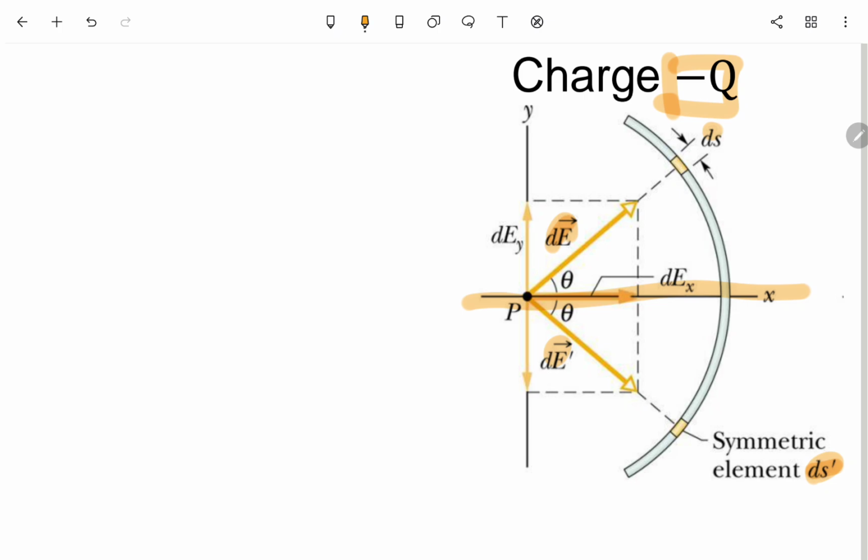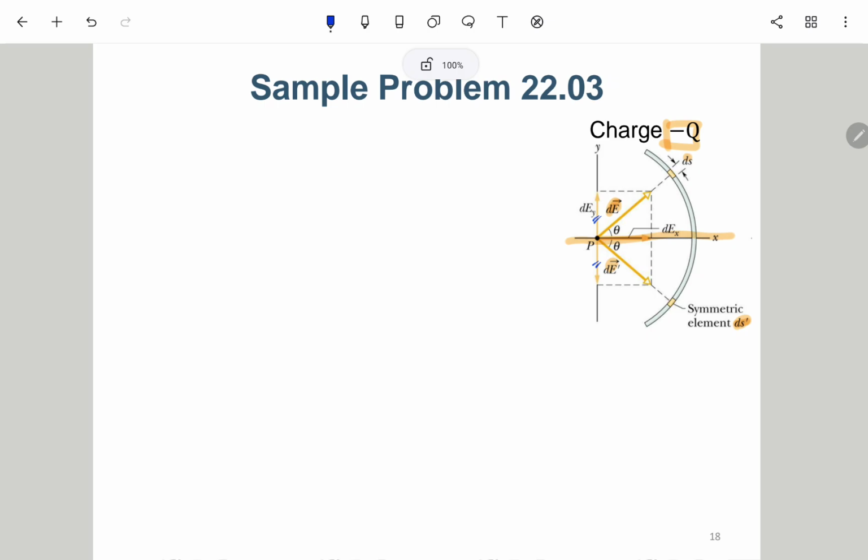As they are symmetric, the y components will cancel each other, so only the x components will be superimposed. So we can quickly determine that the dEy, the y-axis components, are cancelled, and the dEx are summed.